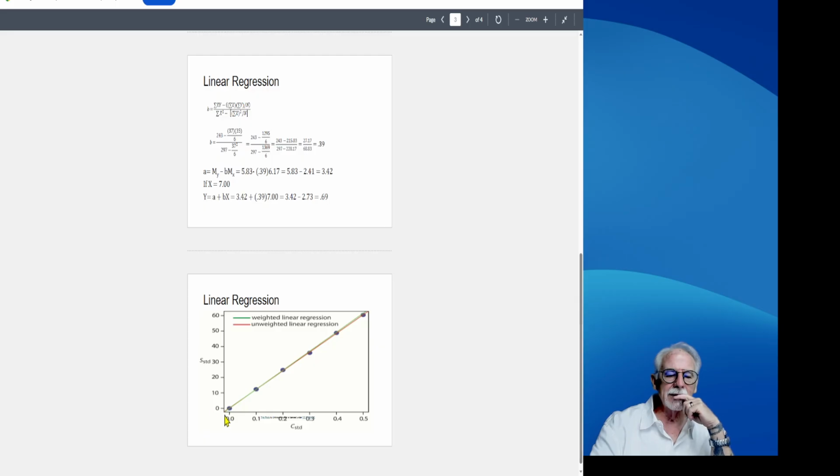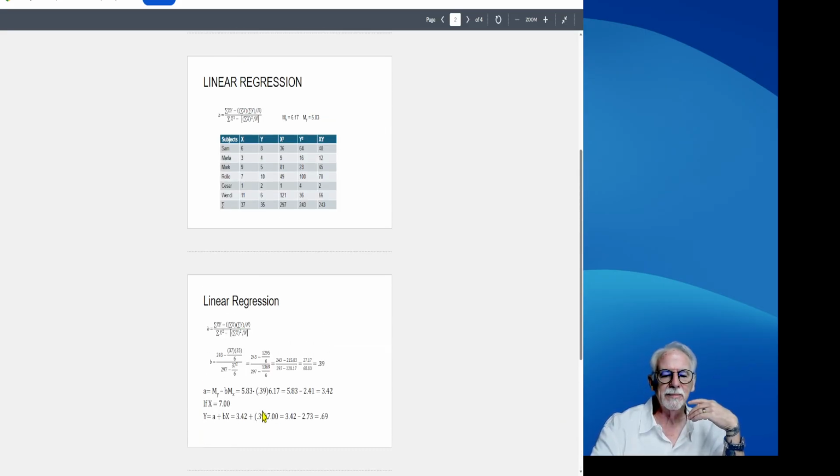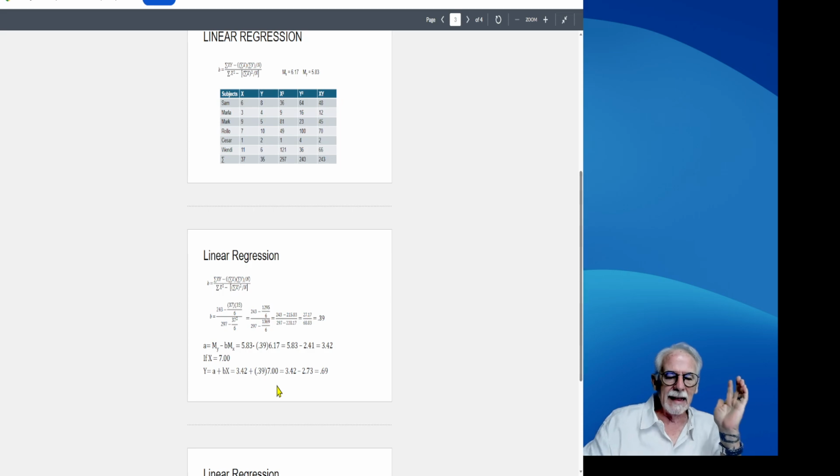This picture is not going to work for this one, but that's it. If you have a score of 7 for X, your Y is only going to be 0.69. I wish I had a better way to show you this in linear regression, but I just brought that one example.